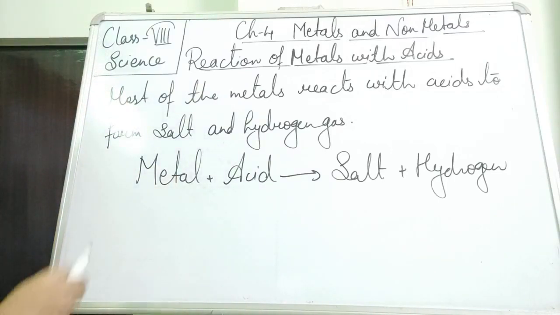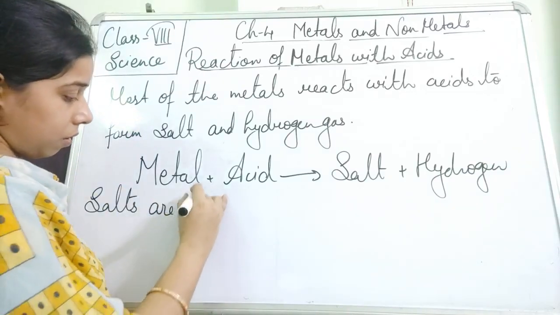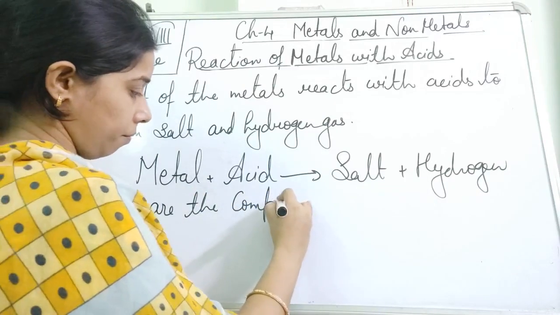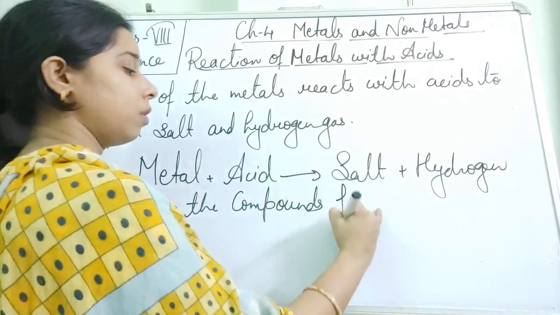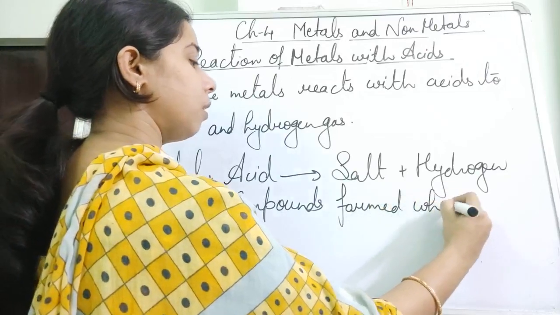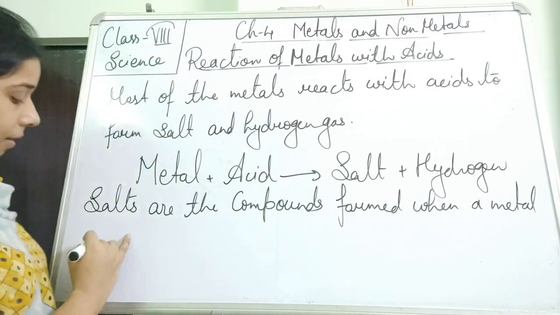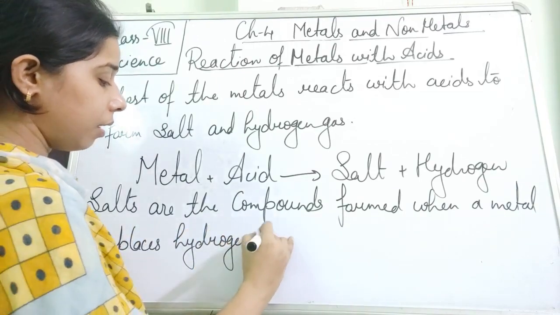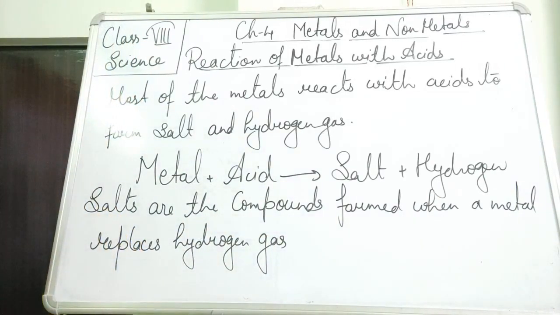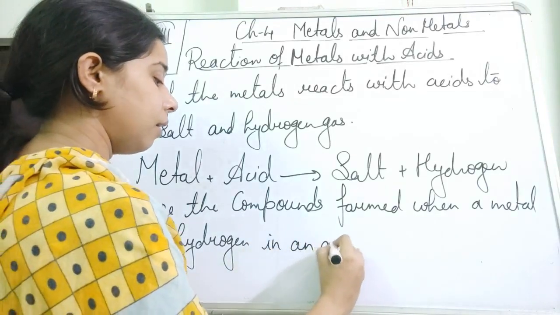So we can write the definition here: salts are the compounds formed when a metal replaces hydrogen, students, not hydrogen gas, but yes, replaces hydrogen in an acid.